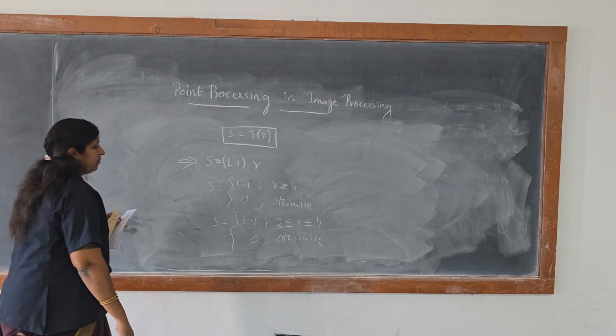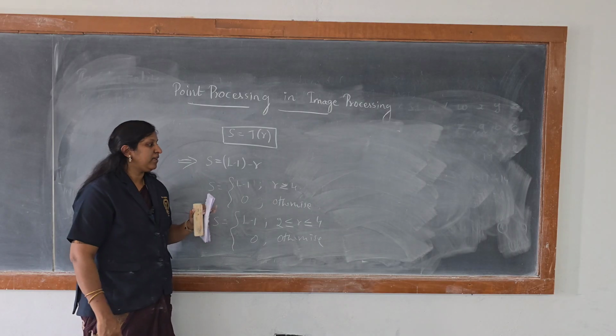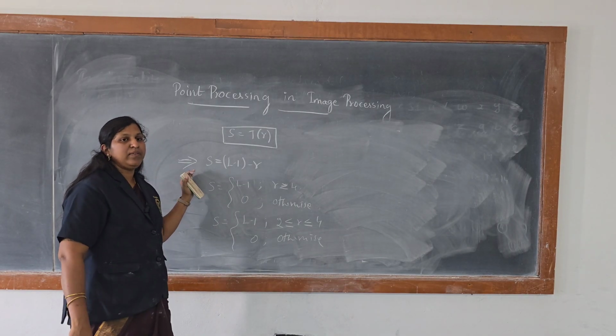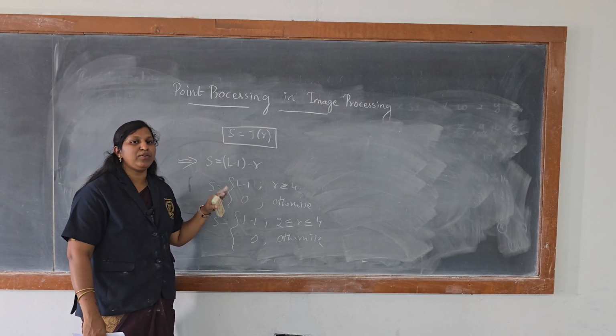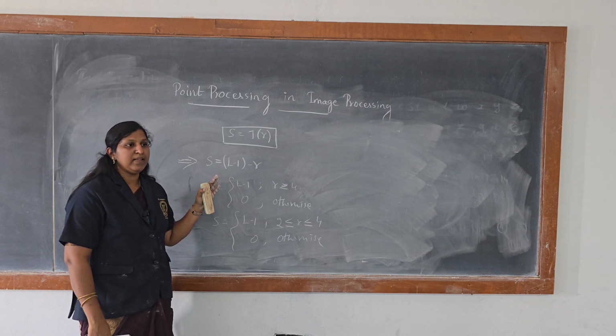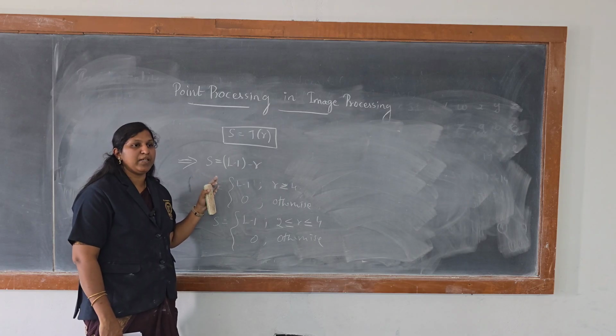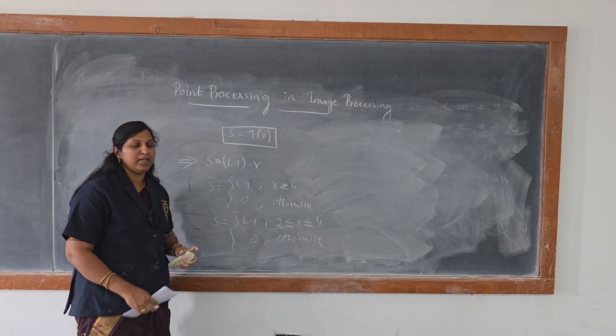And finally, we have seen bit plane slicing. In that method, we have to convert the digital form into binary form. First we have to calculate the number of pixels used in the image. Based on that, we can get the number of binary images.